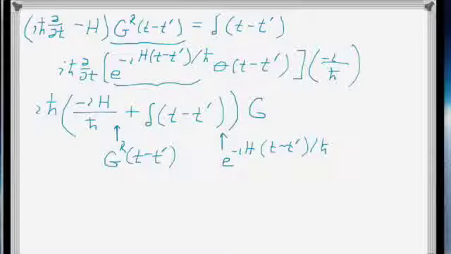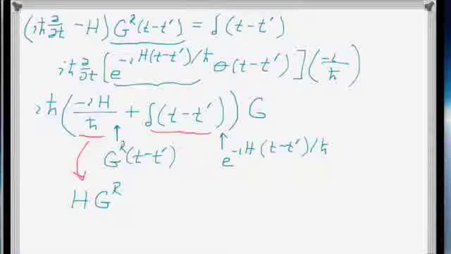Okay, so let's see what happens. What's going to be left? The i and the minus i kill each other off, the ħ too, so I'm going to have an H acting on the G. This term is going to give me an H acting on G. And this term here is only non-zero when t equals t prime.